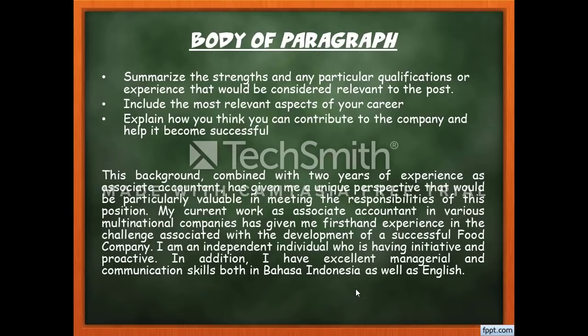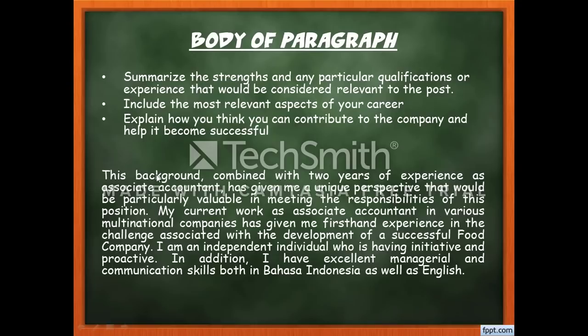Okay, here is an example. This background refers to my education background. Remember, in the first paragraph I also added my education background. So in the second paragraph, I write: this background combined with 2 years of experience as associate accountant has given me a unique perspective that will be particularly valuable in meeting the responsibilities of this position.